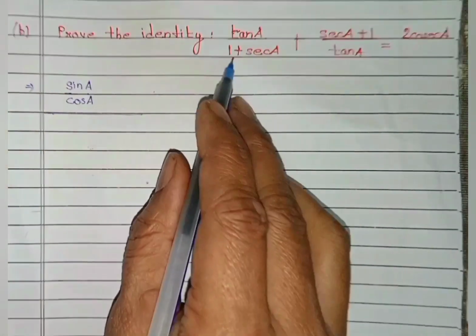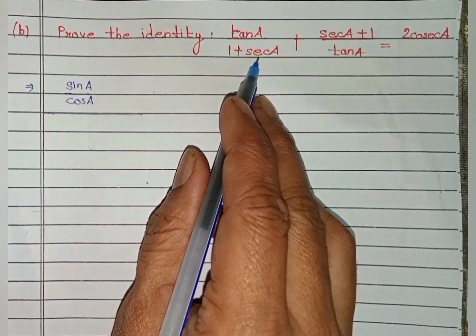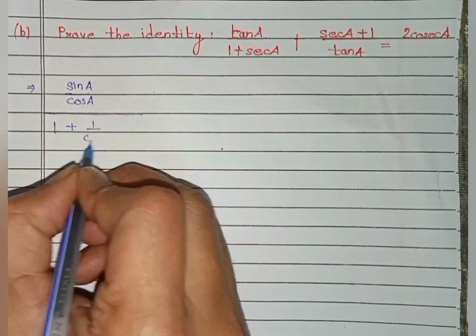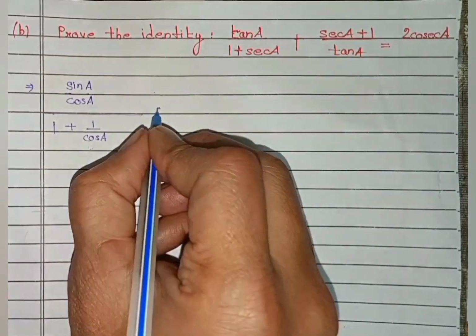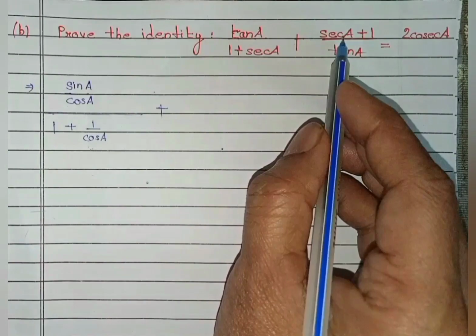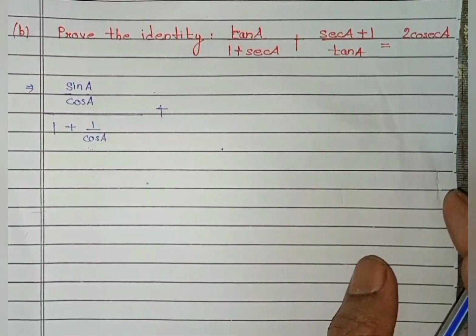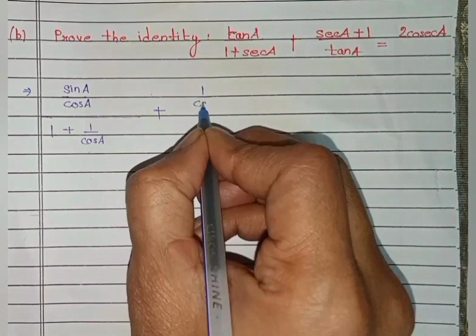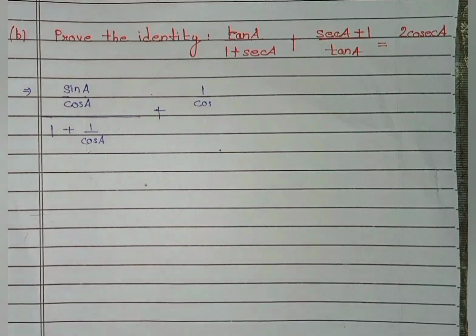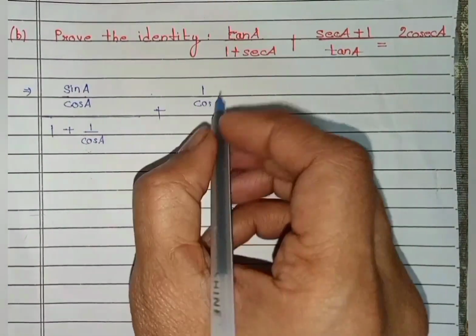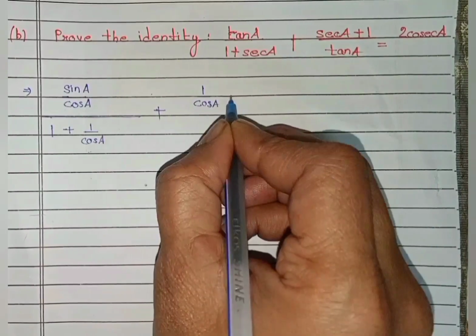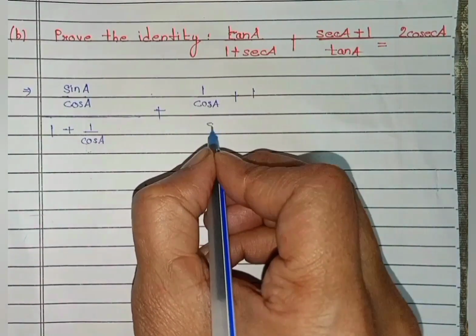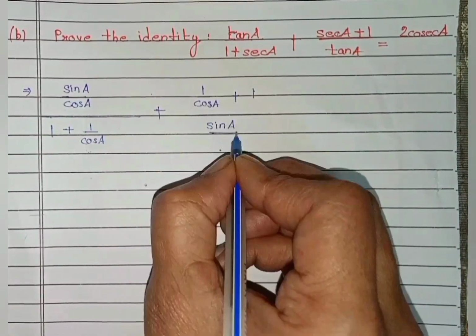Now in the denominator place, this sec can be converted as 1 upon cos. Plus, now here in the second term, in the numerator place, the sec can be written as 1 upon cos, then plus 1, and in the denominator place tan can be written as sine upon cos.